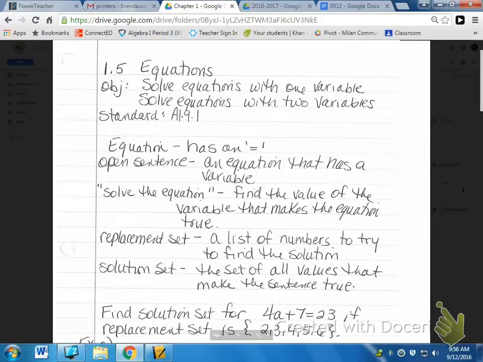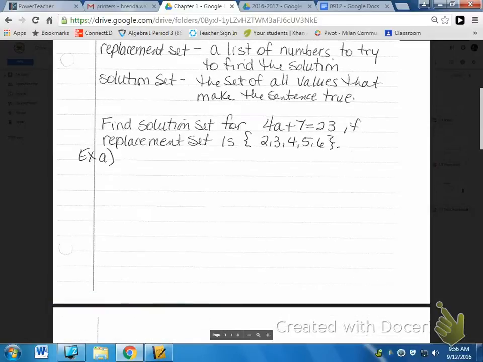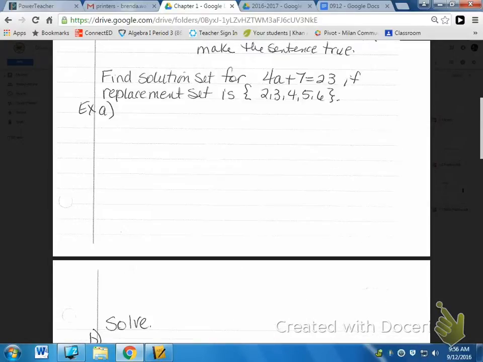So let me show you what we're talking about here. Let's look at this first example. Find the solution set for 4a plus 7 equals 23. That's the equation. They give us the replacement set of 2, 3, 4, 5, and 6. So I'm going to do 5 parts to this.